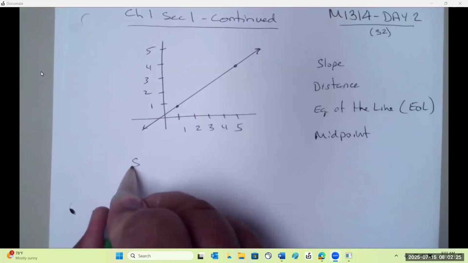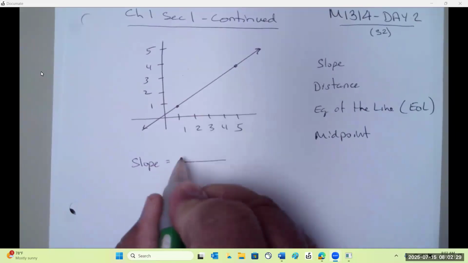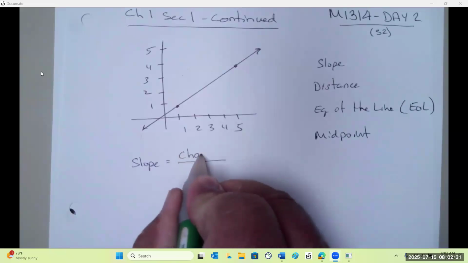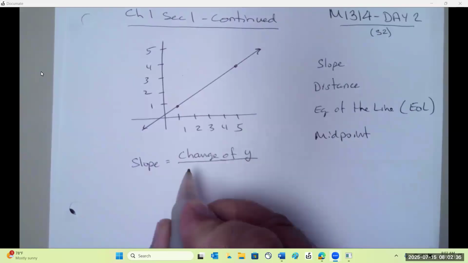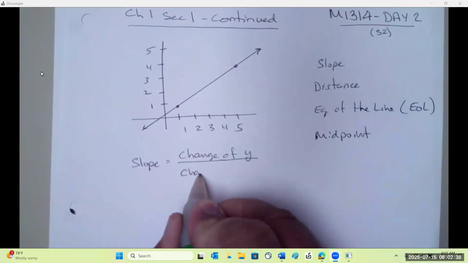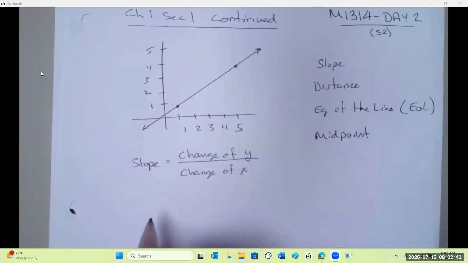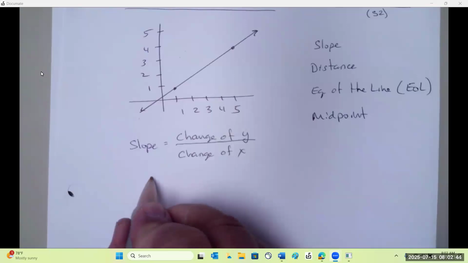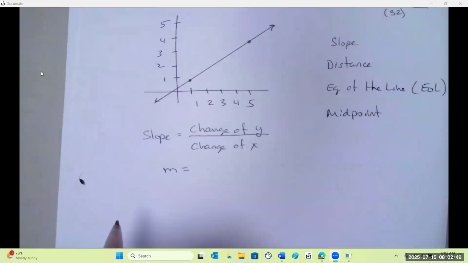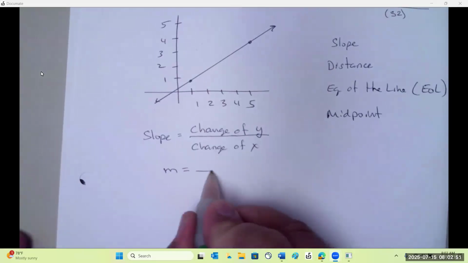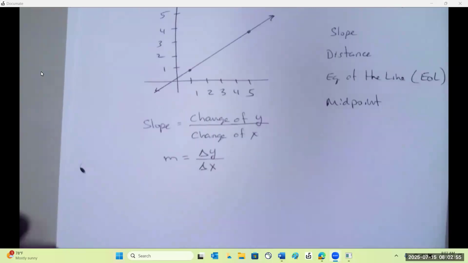The first one we talked about: the change of y, the vertical change, over the change of x. The variable symbol we use to represent slope is little m. And that's our formula.